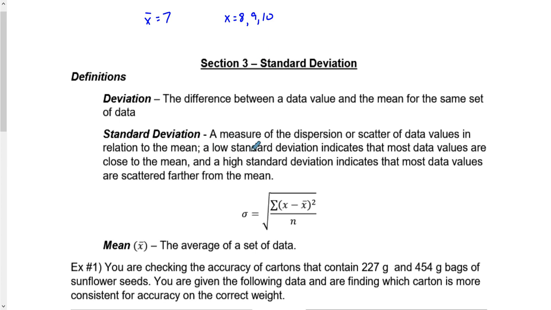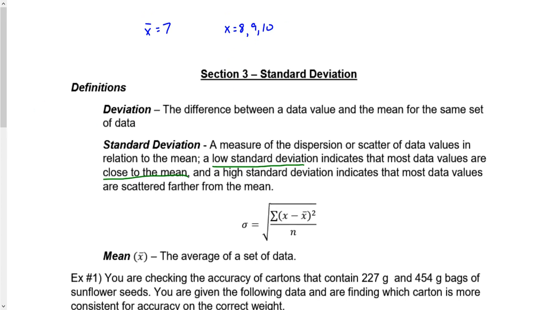A few key things to make note of. Sorry, we'll talk more about standard deviation in our next section when we bring in a bell curve. But a low standard deviation indicates that most data values are very close to the mean. In this one, I can quickly calculate it out as actually having a standard deviation of approximately 0.8.